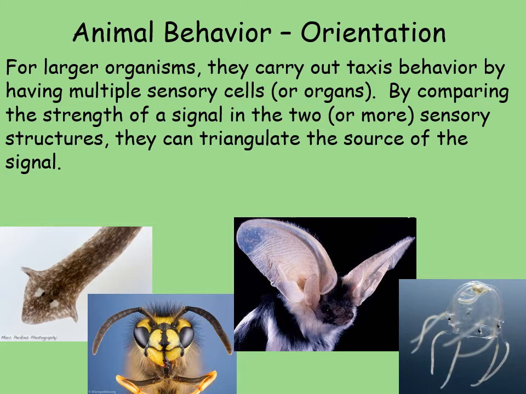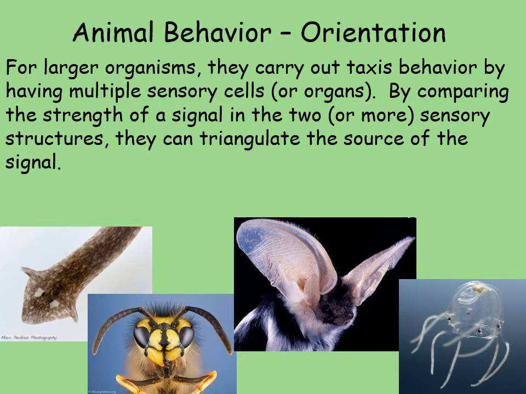For larger organisms, they carry out taxis behavior by having multiple sensory cells or organs, and by comparing the strength of a signal in the two or more sensory structures, they can triangulate the source of the signal. This is often why you have paired sensory organs.